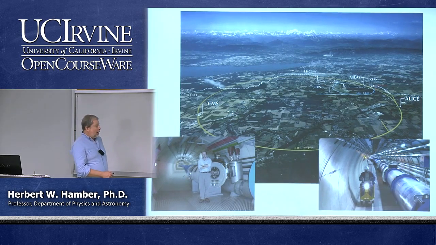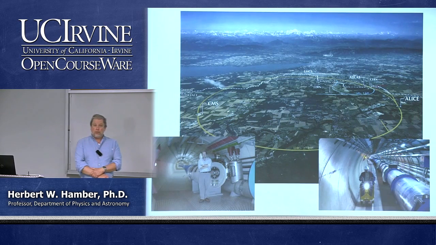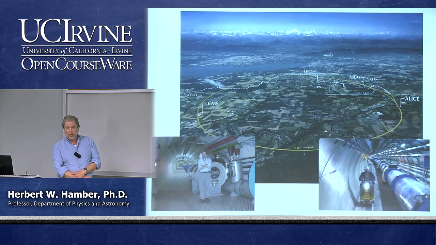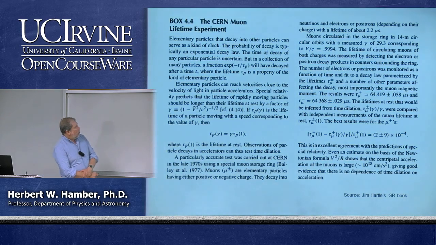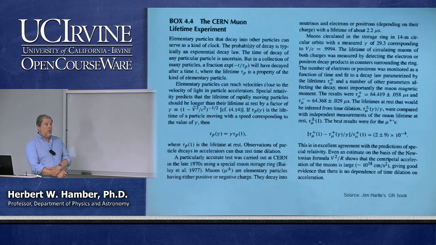If you look at an experiment like the ones done at CERN, of course they test special relativity every day because these effects have to be taken into account. So here is the LHC tunnel, and you might recognize this guy here. If you look, for example, at lifetime experiments, again muons are ideal clocks because they last for quite a while.